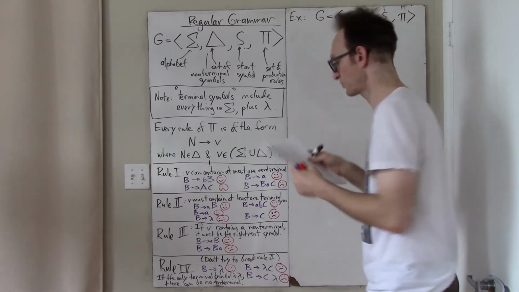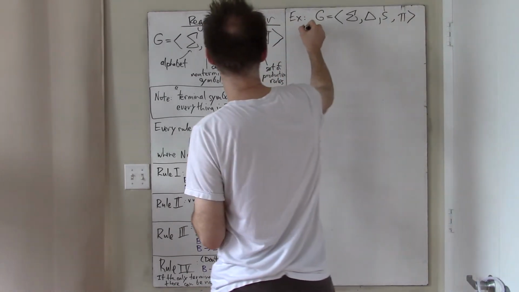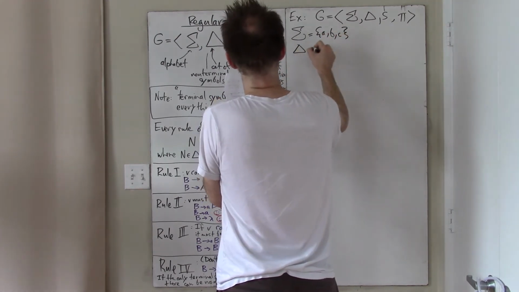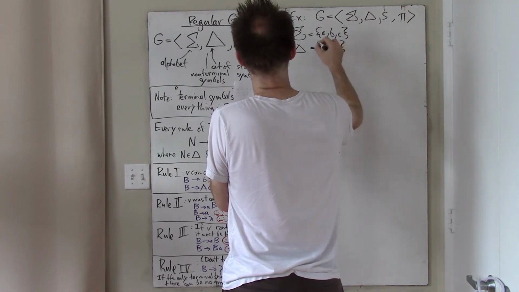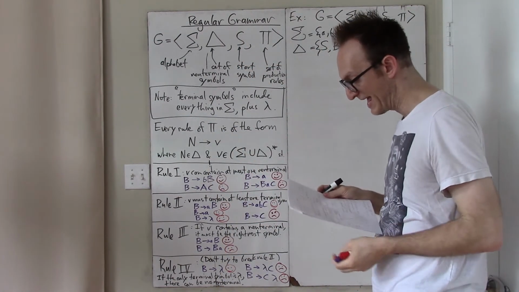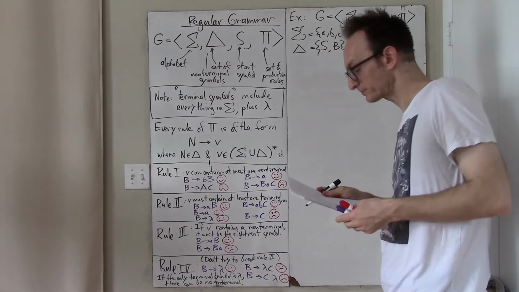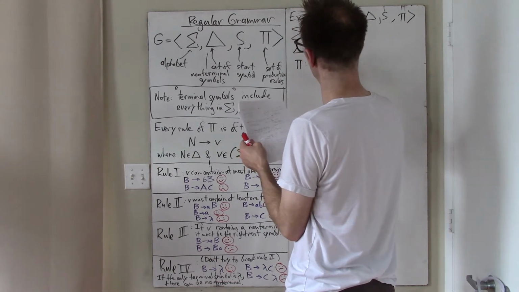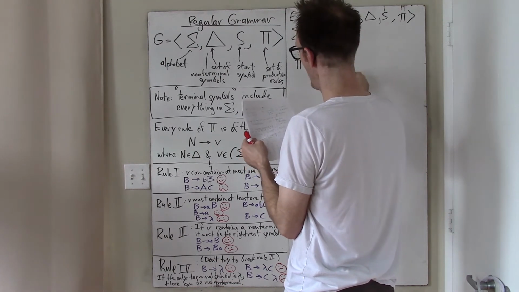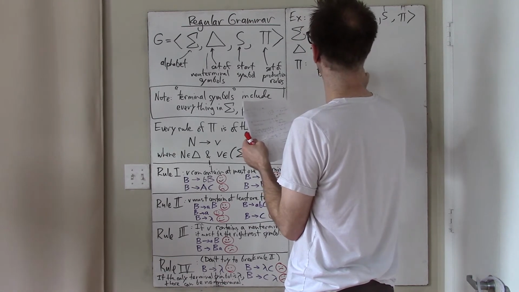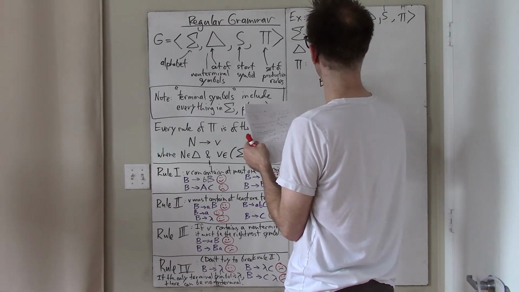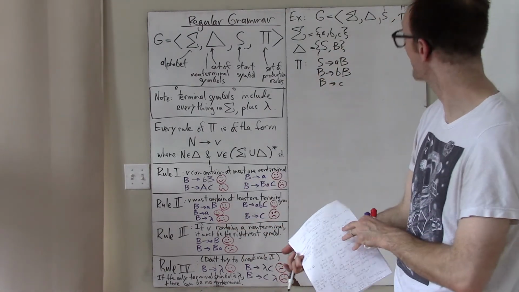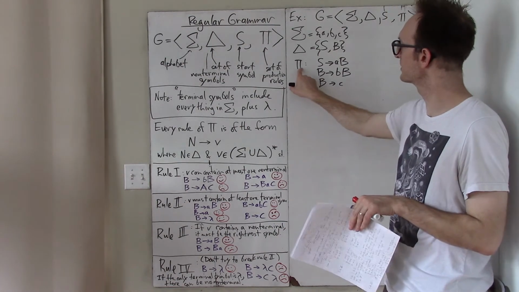Formally, sigma is A, B, C. Delta is S, B. I don't think I used the terminology delta before. And pi, the set of production rules, is as follows. This is just the old system: S goes to AB, B goes to BB, and B goes to C. This is exactly the example we did previously, now just using this additional notation.